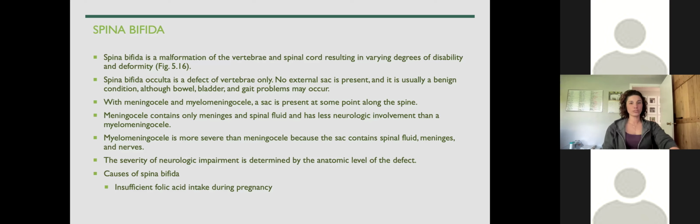So as soon as you confirm that you're pregnant, you definitely need to be maxing out on folic acid. It's actually recommended that if you're thinking about pregnancy, you go ahead and start taking folic acid before you even get pregnant, because the spine is one of the very first things that develops in the fetus.